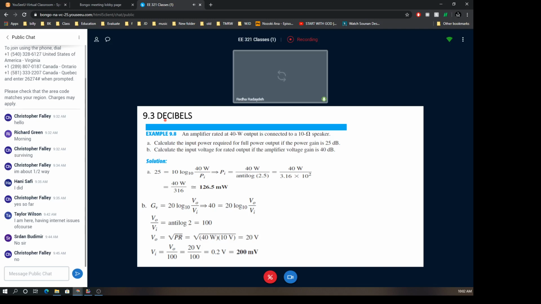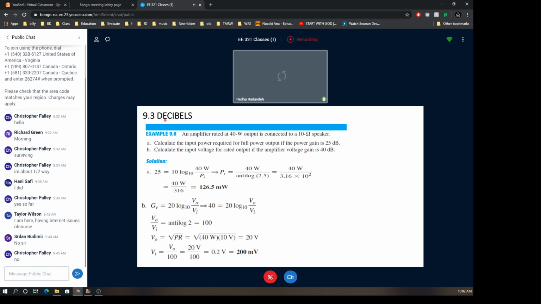So with the power gain given to us, we need to get the input power in order to provide the full power at the output. The gain is 25 dB, and this is 10 log base 10 of the output power divided by the input power. We need to find Pi from this equation.